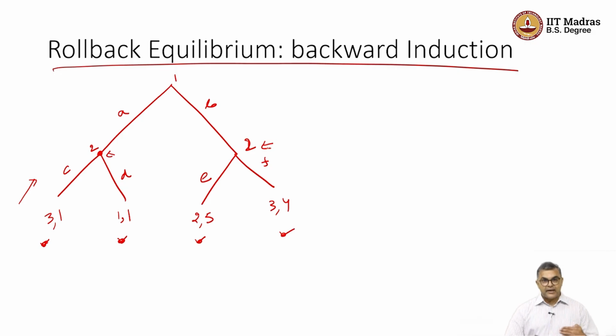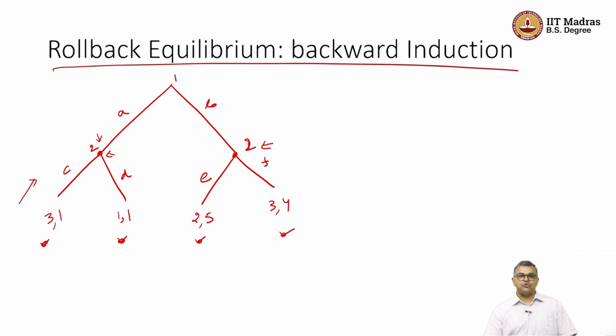And because we are at the last stage, there is no strategic interaction. Here player 2 is acting on his own. If the game has reached this place, whatever has happened in the past is now immaterial. The game has already reached here or the game has already reached here. How it has reached one of these 2 points would not matter.